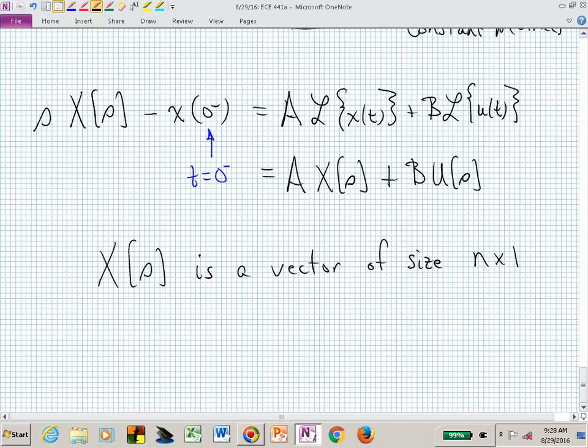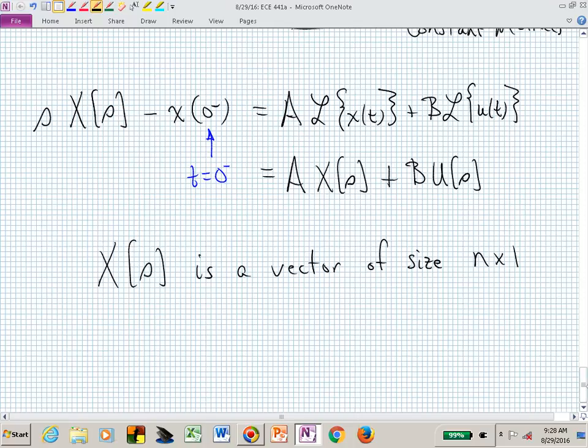So if you can't tell whether I'm saying n or m, I'll try to say something, maybe a state. So this one's n by 1 in terms of its dimension. And in our example of the mass spring damper system, how big is n? 2.